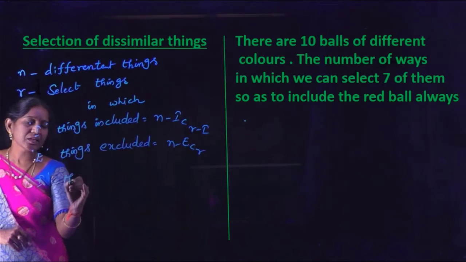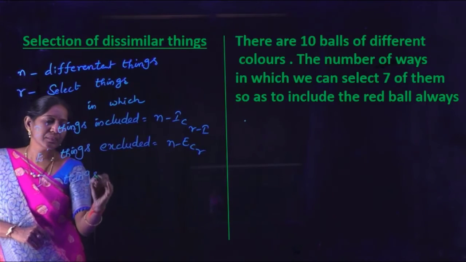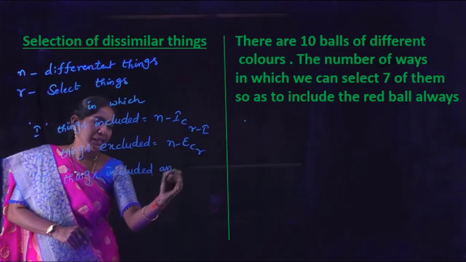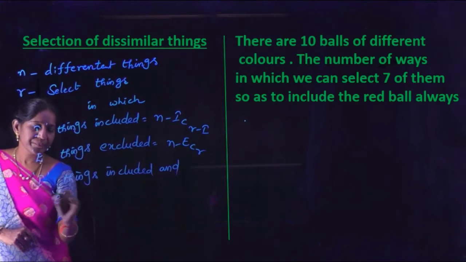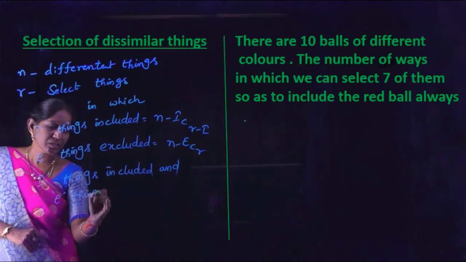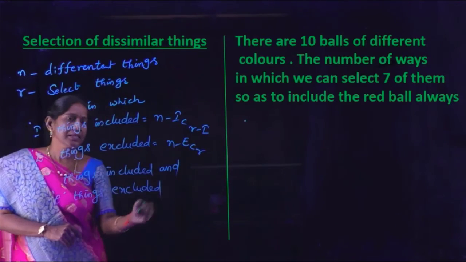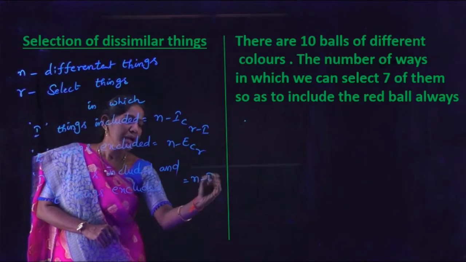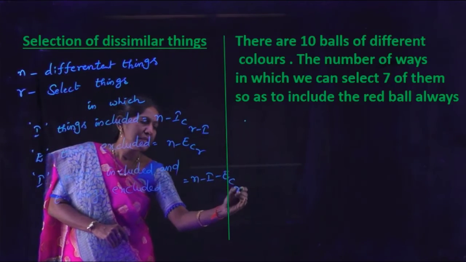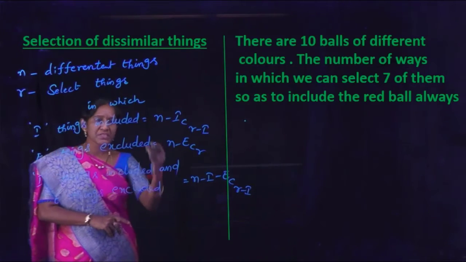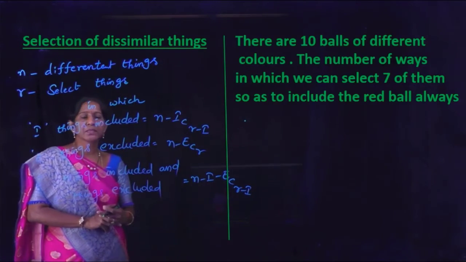I things included and e things excluded, that is (n minus i minus e)C(r minus i). So, upon this formula, we can do the problems.